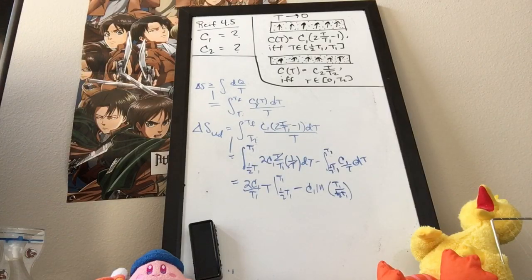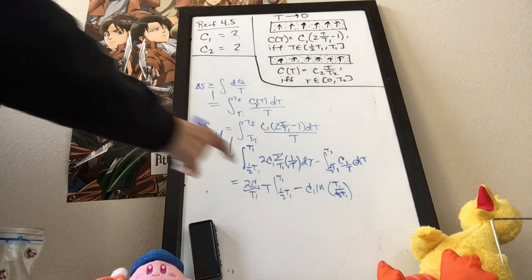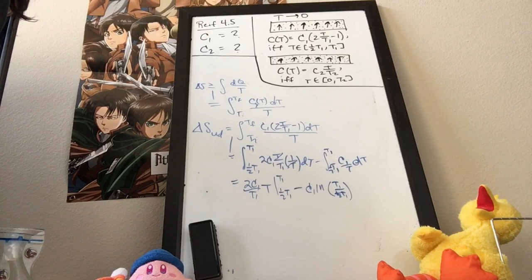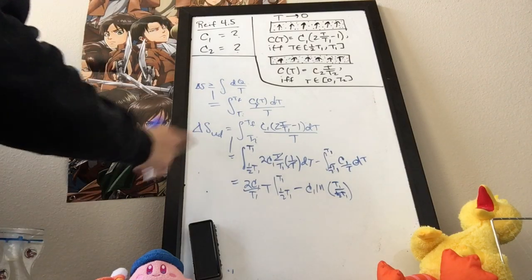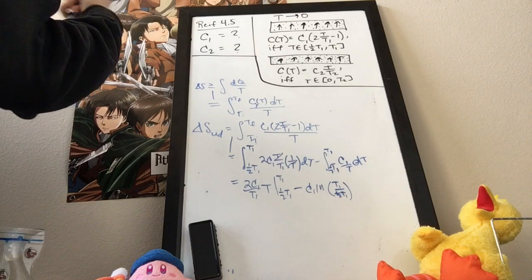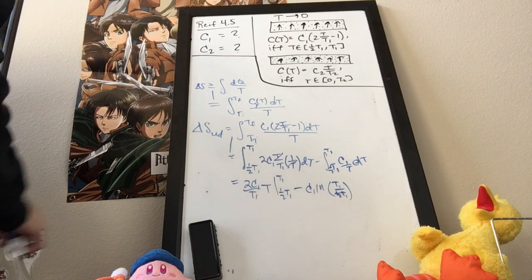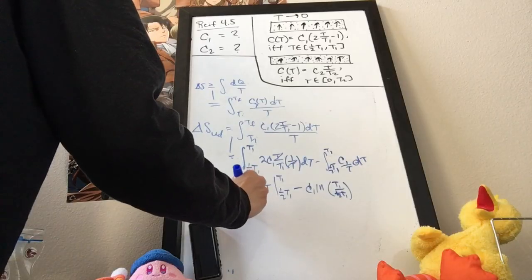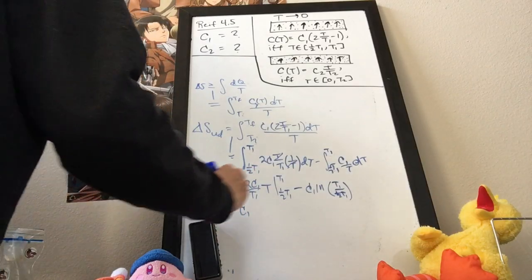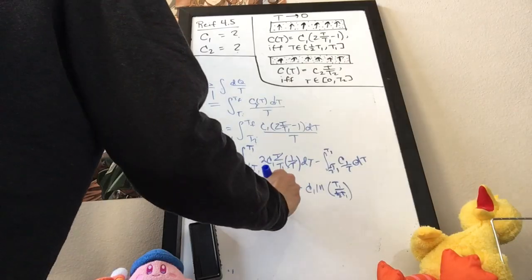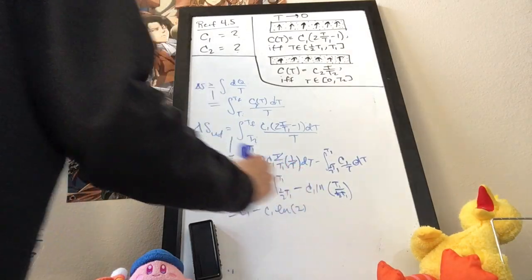So we have this here, we can evaluate it, and once we do some further evaluation, and I'm doing this because I'm running out of board and trying to think of how much space I really want to show, what we end up getting is C1 minus C1, oh my goodness, times the natural logarithm of 2.